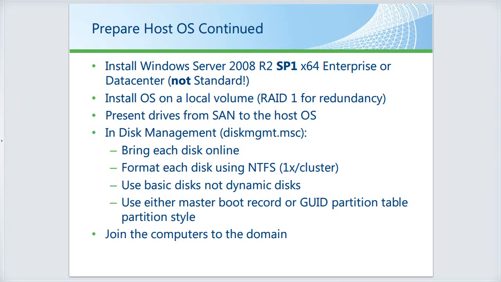You don't need to format it again for each server. Make sure that you use basic disks and not dynamic disks. Then you can use either a master boot record or a GUID partition table partition style. And then obviously you need to join the computers to the domain. At that point, you've got your host operating system prepared to deploy Hyper-V.